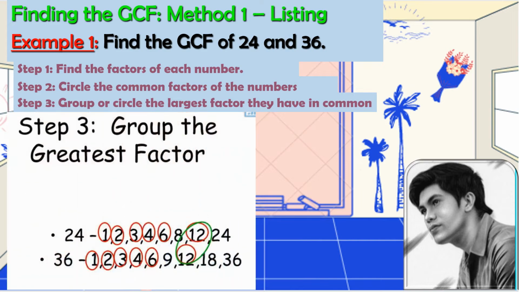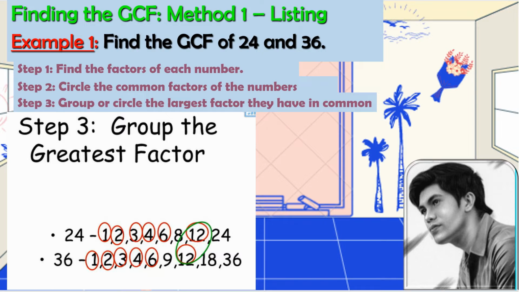Step 3 is group the greatest common factor. So, among the factors of 24 and 36, ano po yung pinakamataas? Siyempre, hindi 1, hindi 2, hindi 3, hindi 4, hindi 6, kundi 12. Kaya nga po greatest, highest.